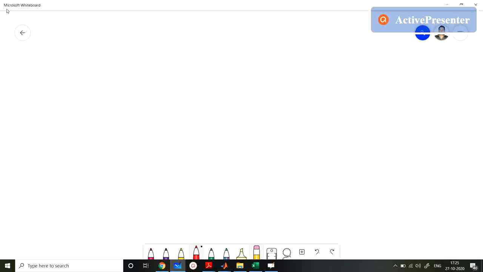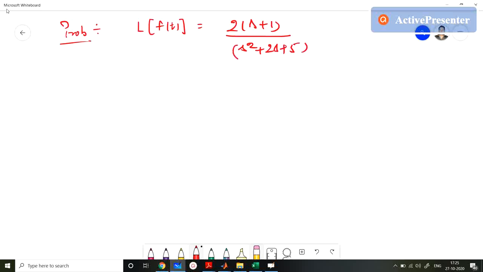So let us do another problem. The Laplace transform of f(t) is provided, and it is equal to (2s + 1) divided by (s² + 2s + 5).